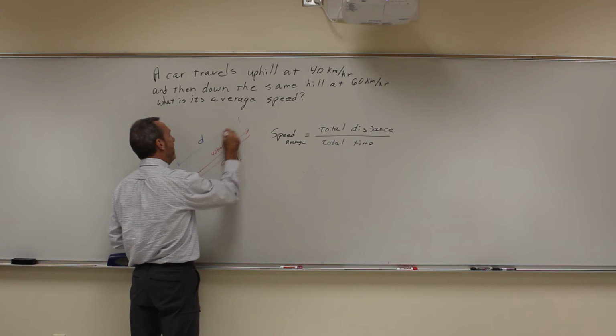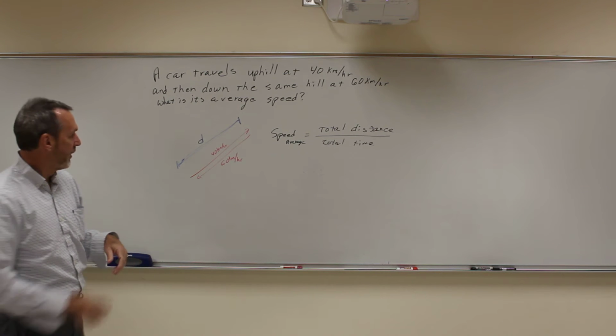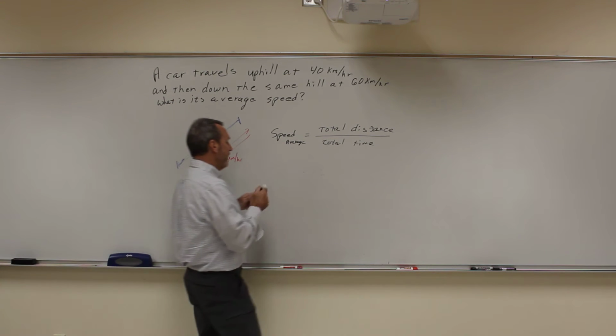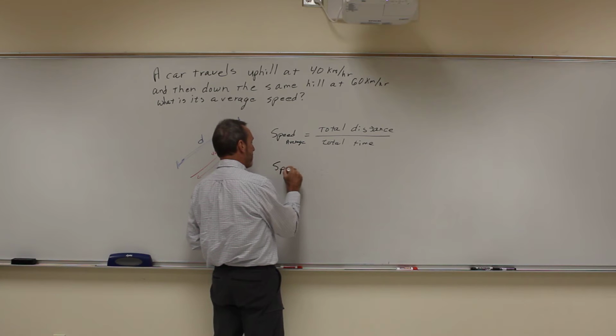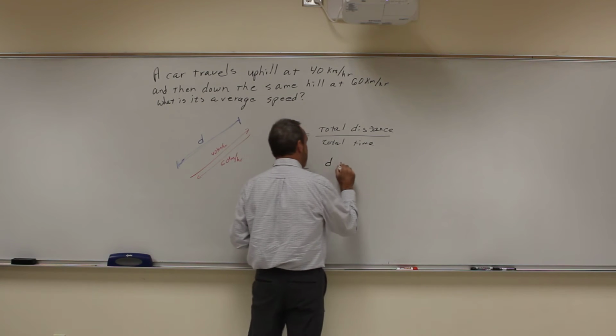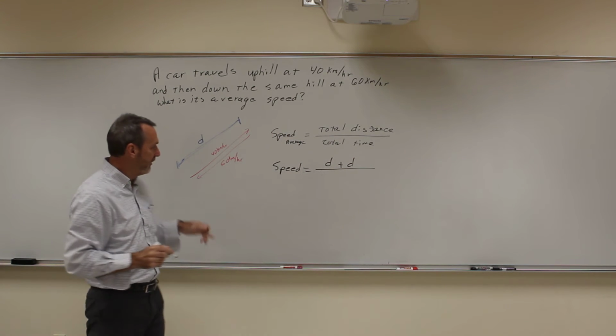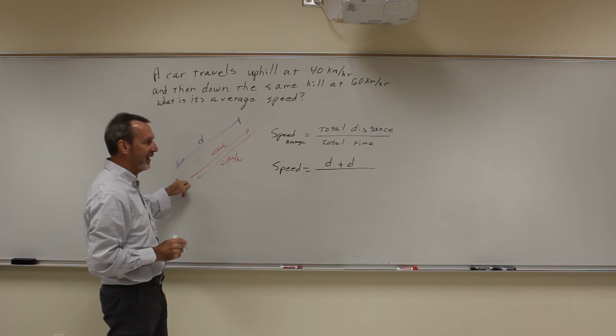Alright, distance d for the hill. So my speed is just going to be the total distance while it goes d up the hill and d down the hill. So the total distance is just going to be d plus d. So it goes a distance of d up, a distance of d back down.